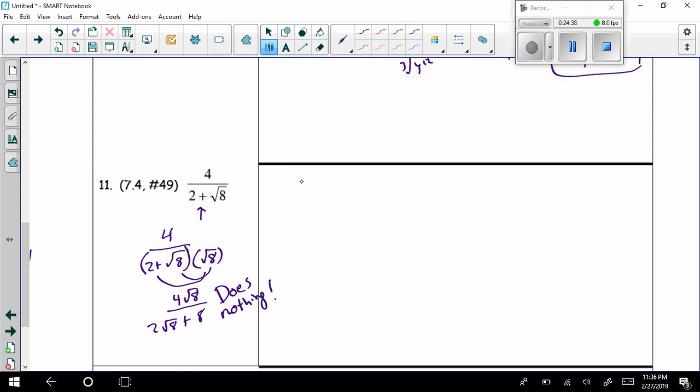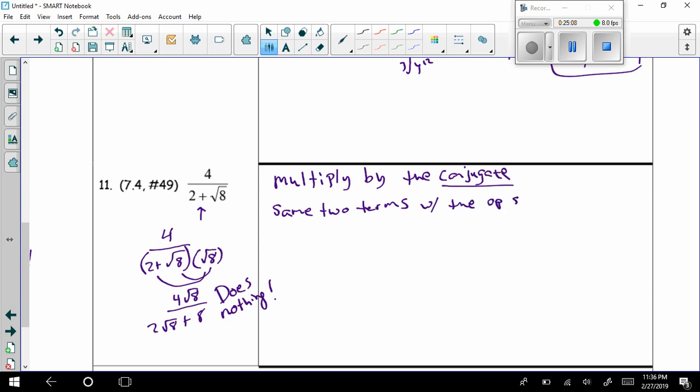So instead, I'm going to multiply by something called the conjugate. And there's like a little chart in your textbook if you want to refer to that. But essentially the conjugate is the same two terms with the opposite sign between them. They're not both going to switch signs.